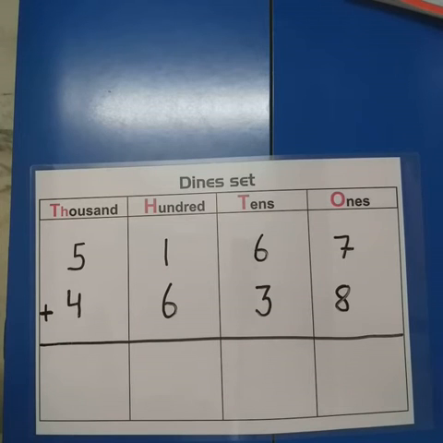Now students, we are doing the estimating sum of numbers. What is estimating? Let's take an example. In our school, the library has about 1,000 textbooks and about 2,000 storybooks.